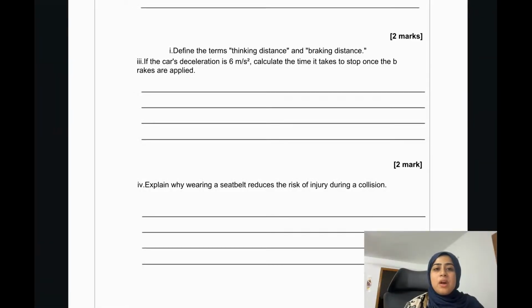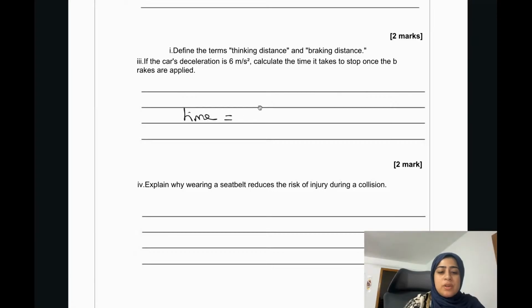Okay, next, if the car's deceleration is 6 meters per second squared, what's the time taken to stop? Well, we know that time is equal to the change in velocity over the deceleration.